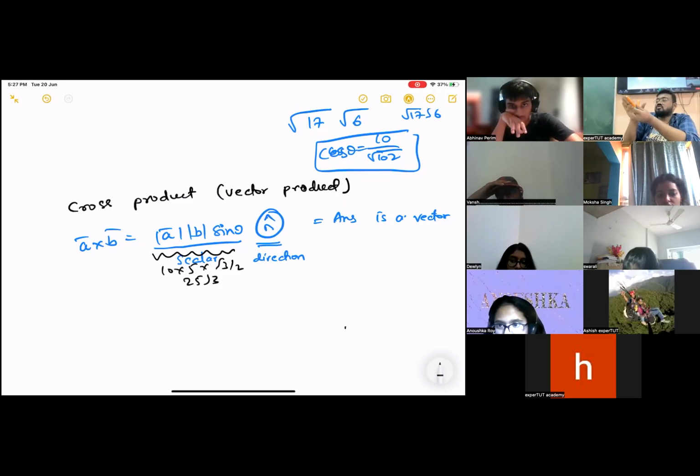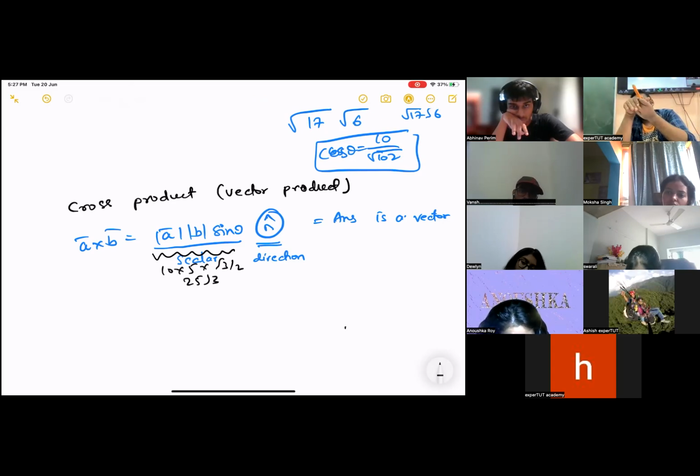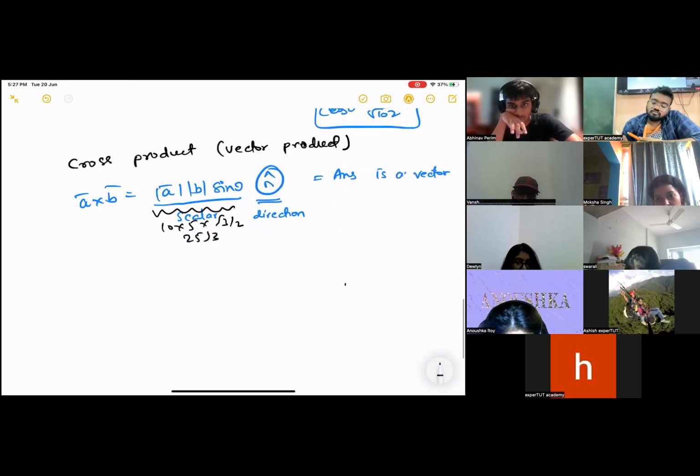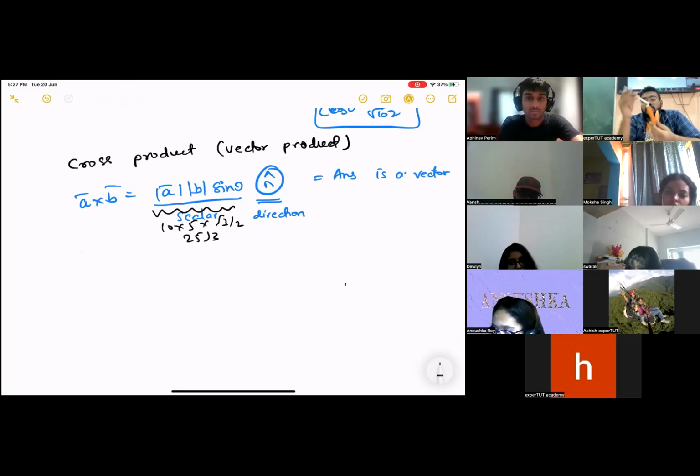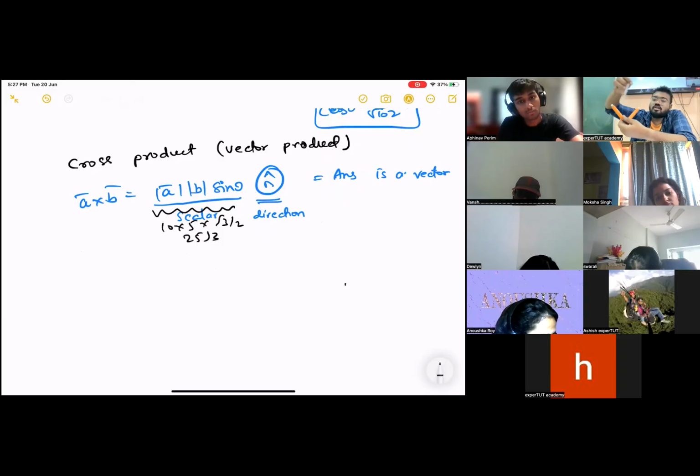Thumb rule: curl your hand in the direction from A to B, and the thumb will give you the direction of n cap. So if you do A cross B, where A is the orange one and B is the yellow one, the n cap vector will come out like this.